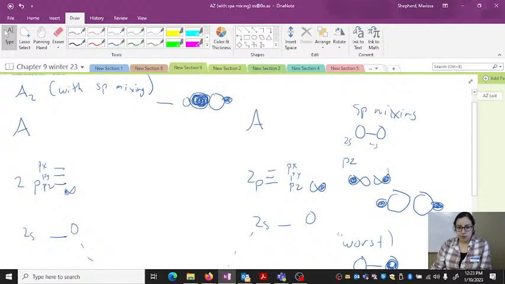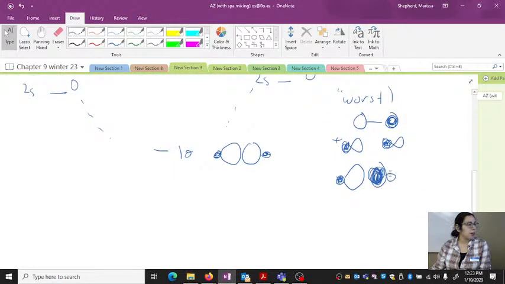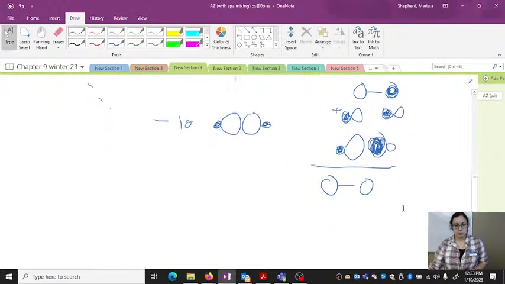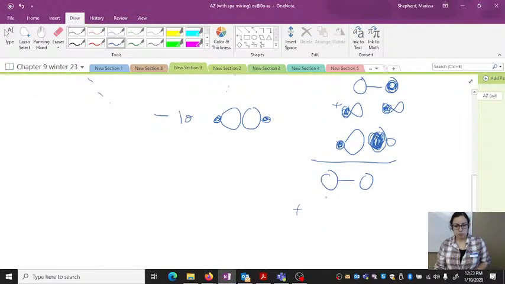Then we have our two other combinations, where this is going to be in phase, but then it's going to match with our z orbital, which can be in phase with each other, but out of phase with this. What that does is you can imagine these circles canceling out.